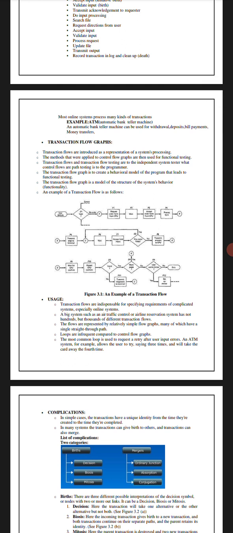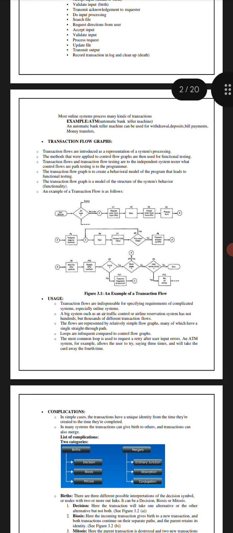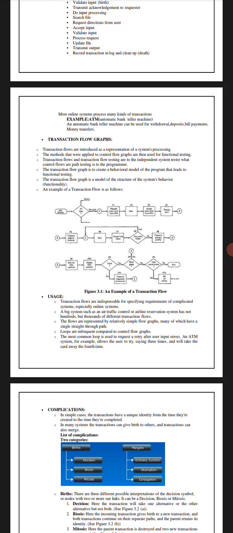Transaction flow graphs. Transaction flows are introduced as a representation of a system's processing. The methods that we apply to control flow graphs are then used for functional testing. Transaction flow testing is to be independent system testing. It is to the system tester what control flow or path testing is to the programmer.